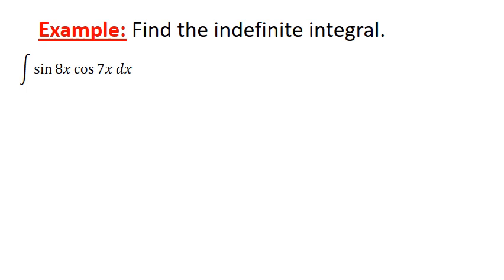So here I have sine of 8x times cosine of 7x. And if I look at this, this looks like the second item in the chart from the previous slide. So just plugging in to this formula, it is just a formula.